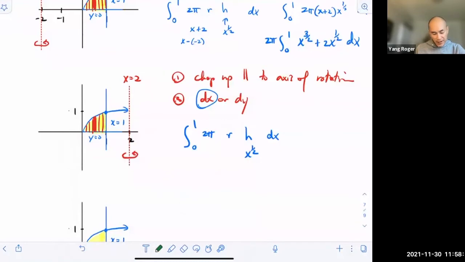The distance from here to here is x. The distance from here to here is 1. I think it's definitely not x plus 1. It's definitely not x minus 1. It's definitely not x times 1. No, none of these are right.